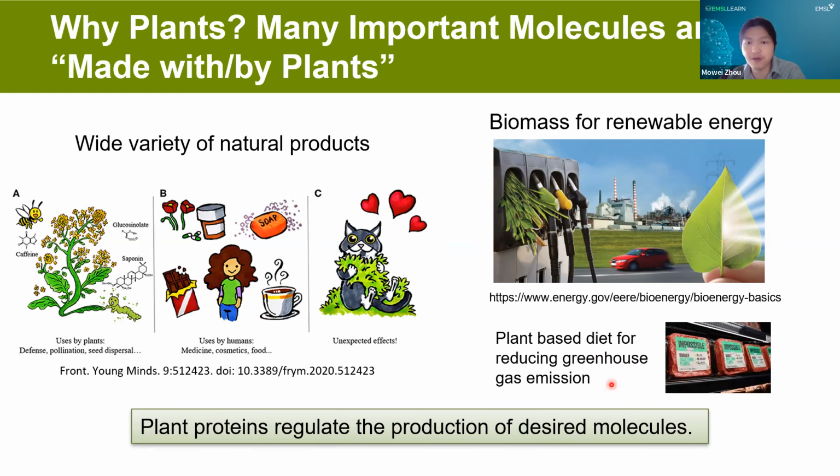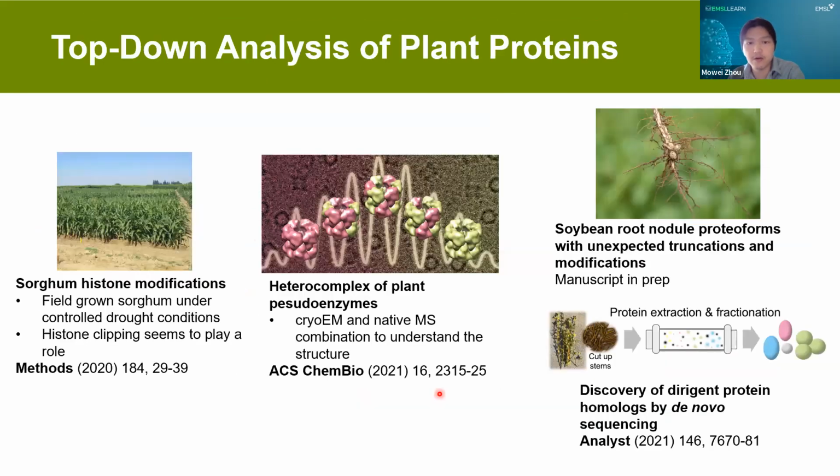So there are a lot of important materials and molecules made from plants that we want to better understand, especially plant proteins that can regulate the production of those materials. If we can understand how they work, we can better engineer solutions for more efficient production of those molecules. This is an overview of some of the plant-related research I've been working on in recent years.